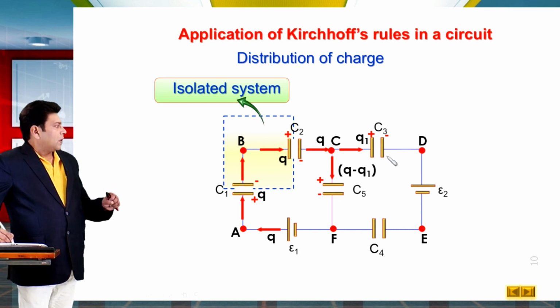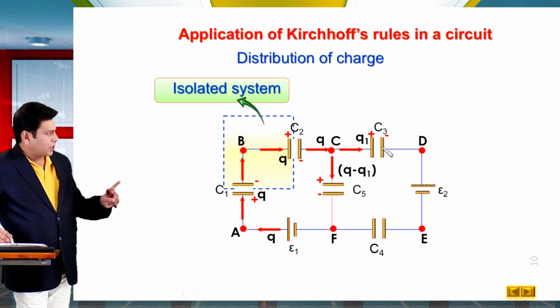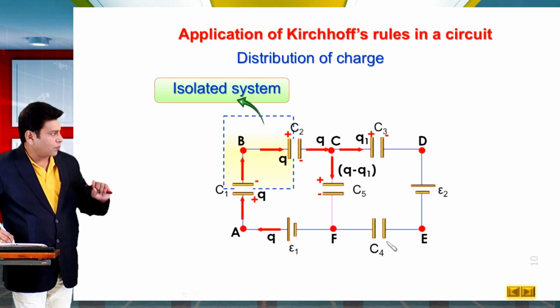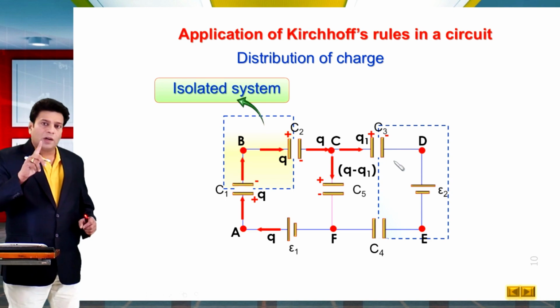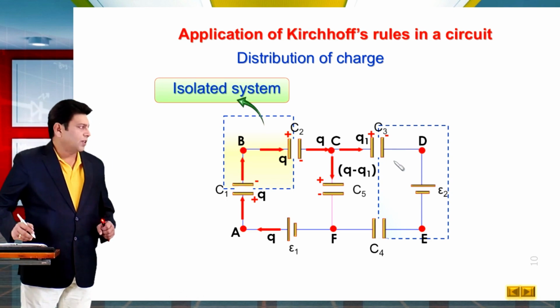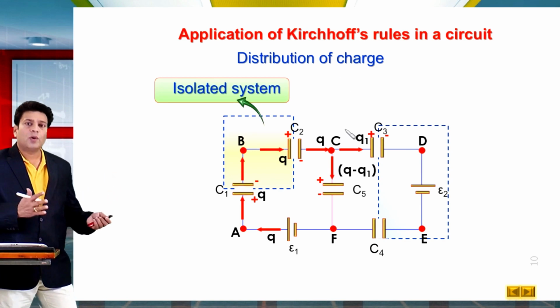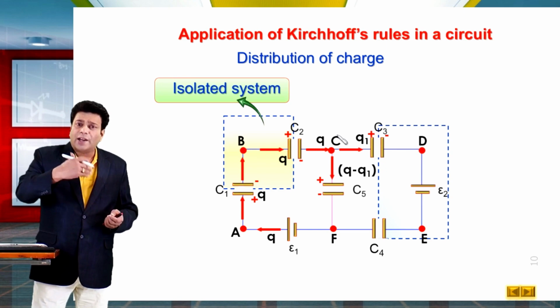Now we can observe the right plate of capacitor C3 and the right plate of capacitor C4 are forming an isolated system. One thing should be remembered, that a battery can be included inside the isolated system. That's why we included the E2 battery here, because we know the battery is not the creator of charge, it is just an electrical pump.